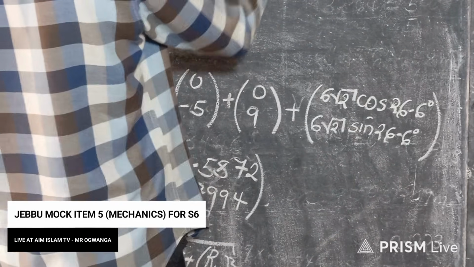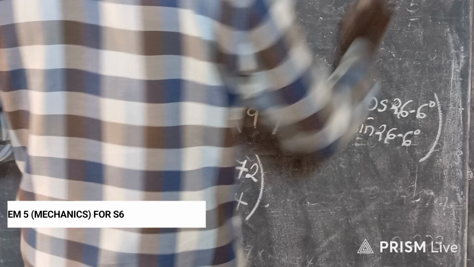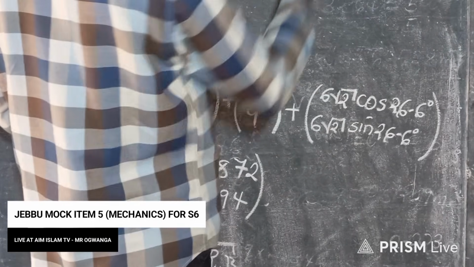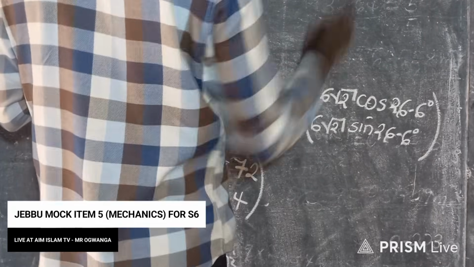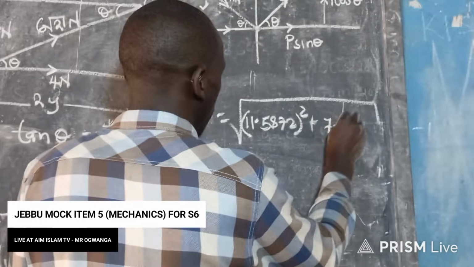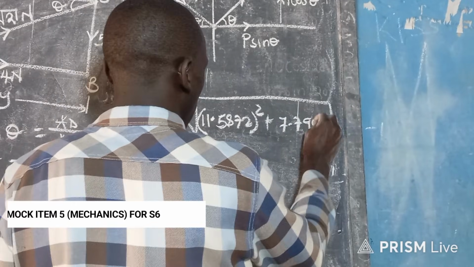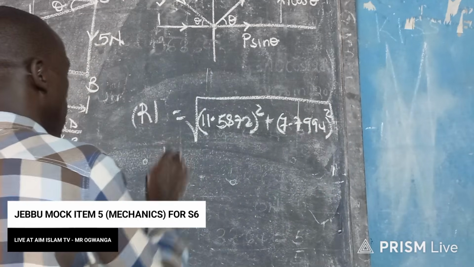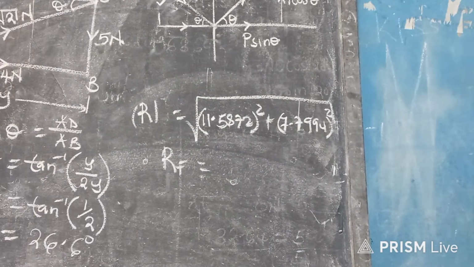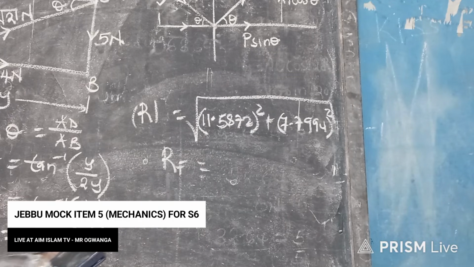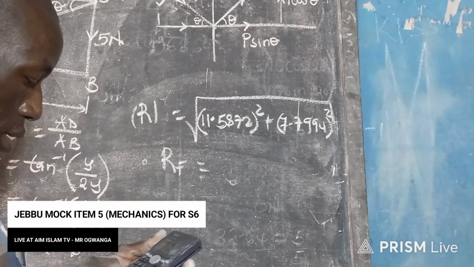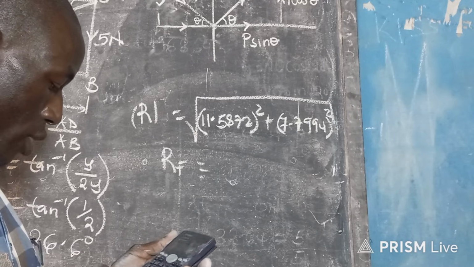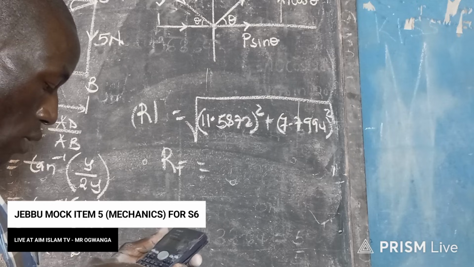So you'll be having the R magnitude, which will be given by 11.5872 squared plus 7.7994 squared.